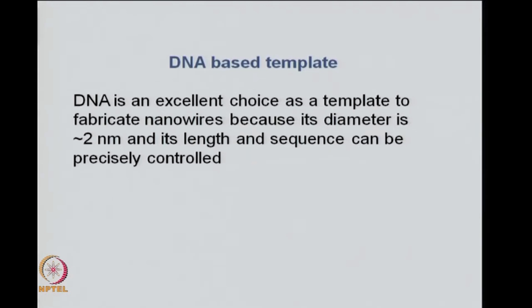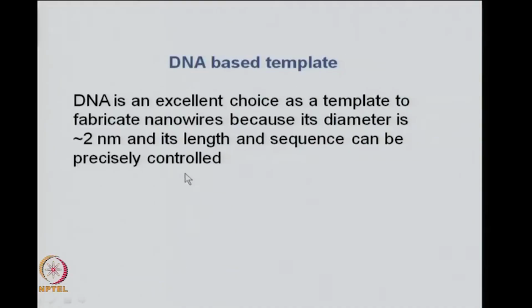The length of the DNA can be controlled, and also the sequence, that means this DNA is made up of many kinds of nucleic acids, and the arrangement, what kind of sequence it has, can be controlled. Depending on the sequence, you can generate structures of your choice.